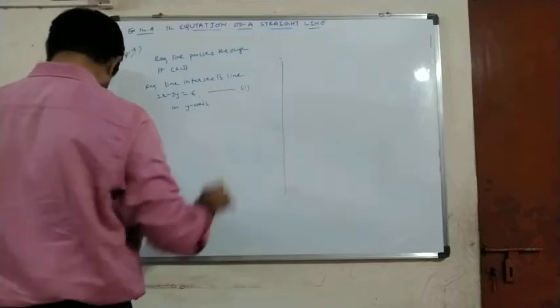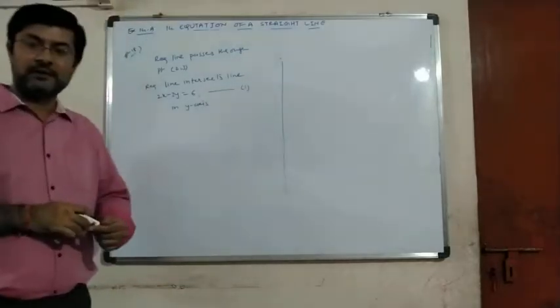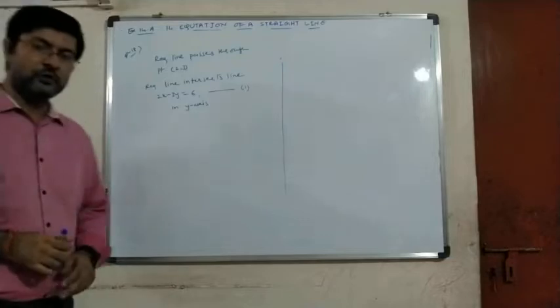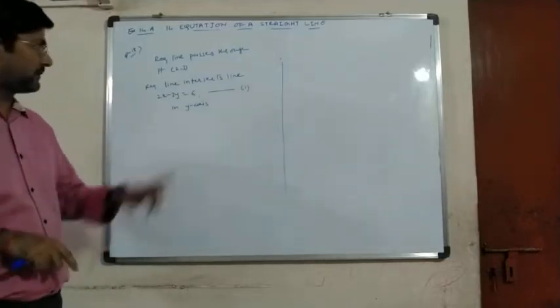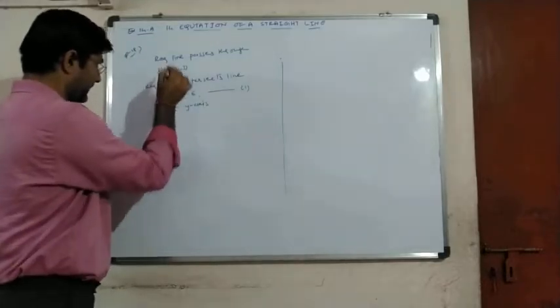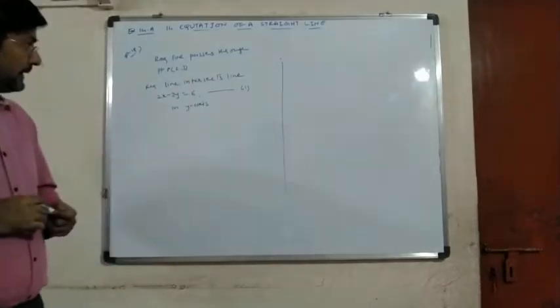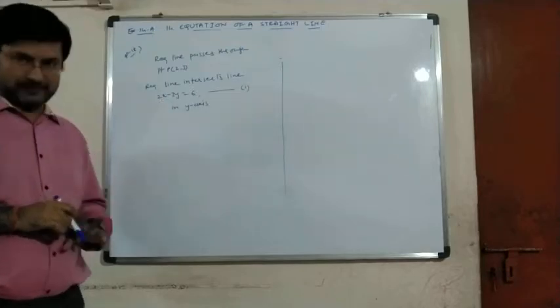Say the equation of the given line represents equation 1. We are given two things over here that the required line is passing through point, named as point P 2, 3, and the required line is intersecting this line in y-axis.